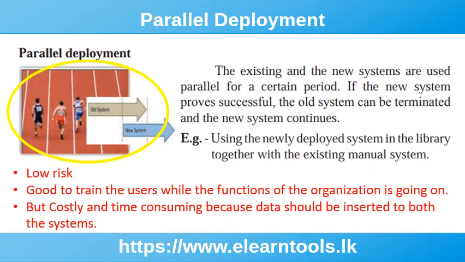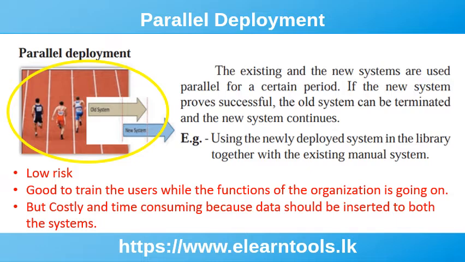We are going to talk about the parallel deployment. The existing and the new systems are used parallel for a certain period. If the new system proves successful, the old system can be terminated and the new system continues. Using the newly developed system in the library together with the existing manual system.